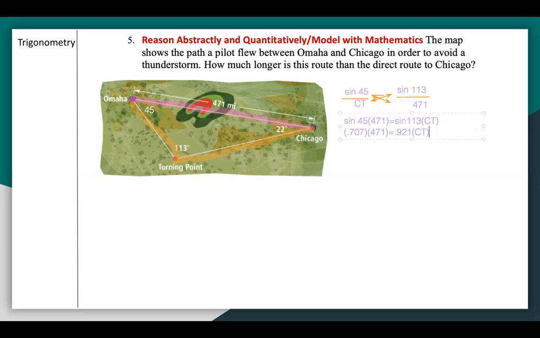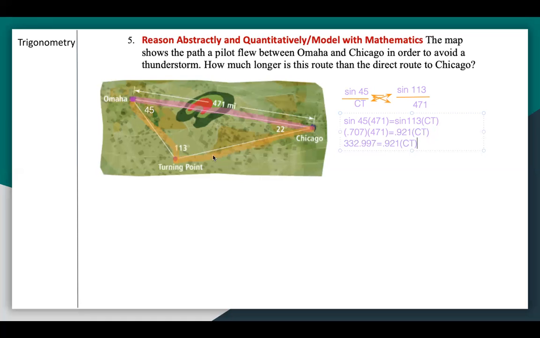I'll do 0.921. Well, 0.707 times 471 is equal to 332.997. So 332.997 is equal to 0.921 times the Chicago to the turning point length.